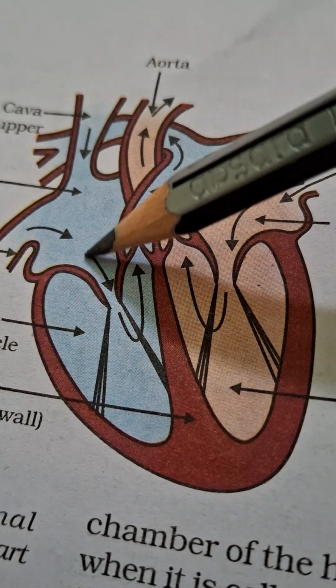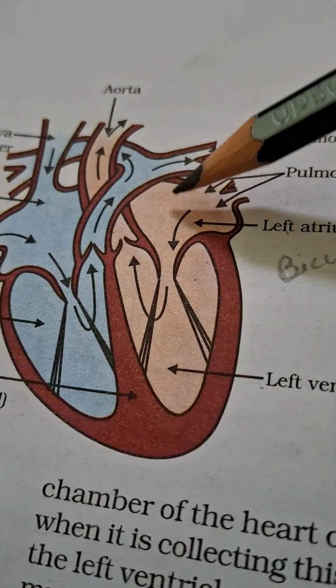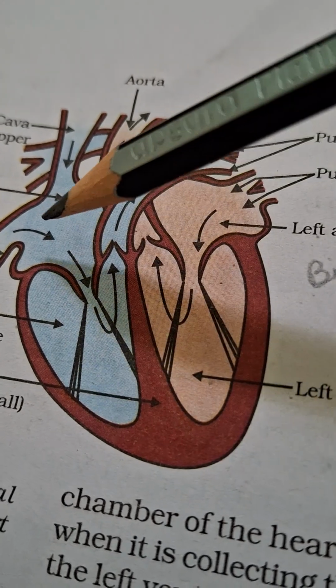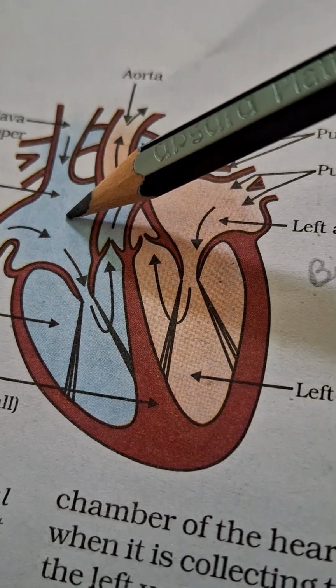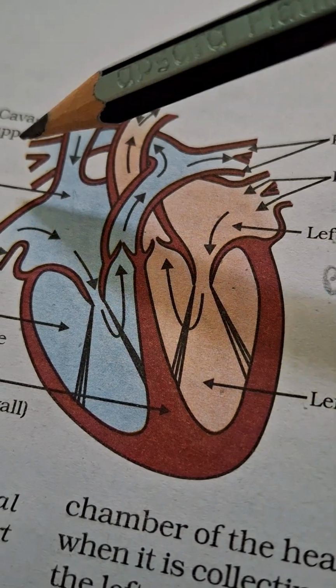Now this is your right side, this is your left side. Okay, left and right. So already the heart is divided into four chambers: 1, 2, 3 and 4, and we have a left side and a right side.